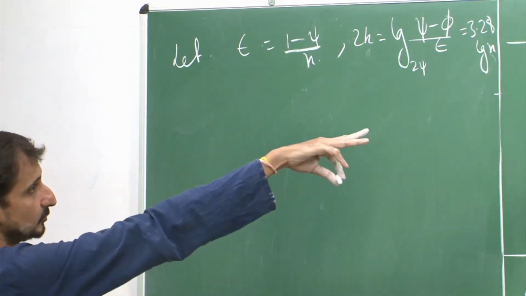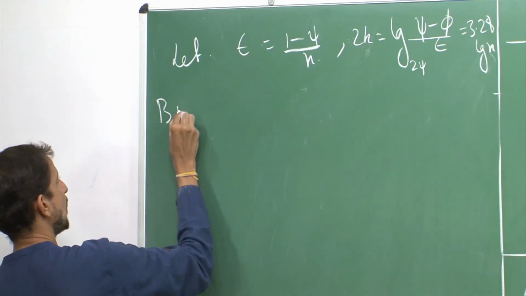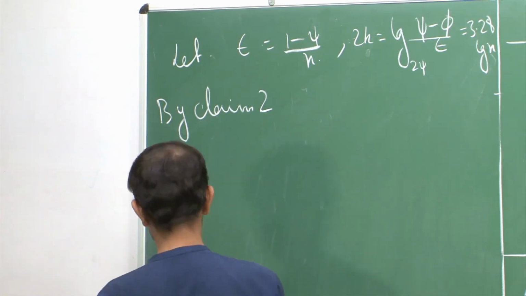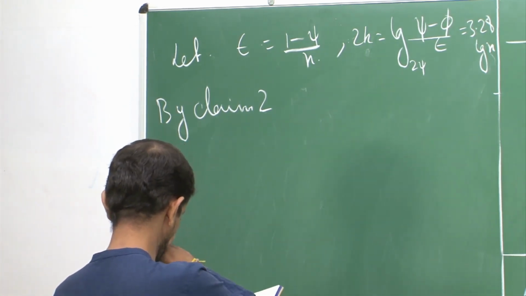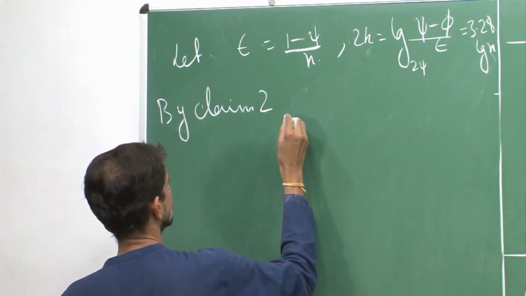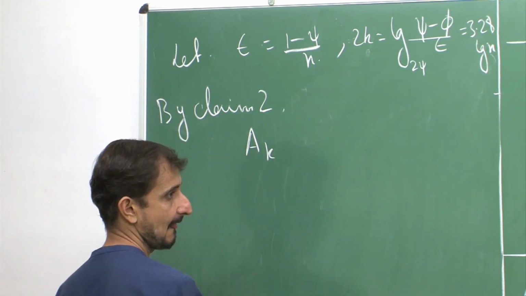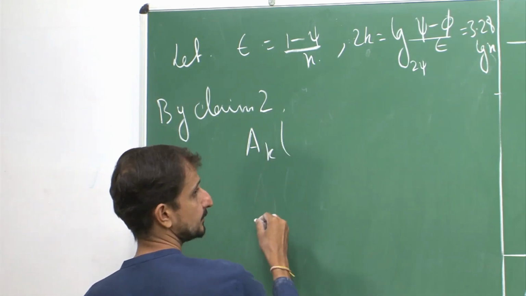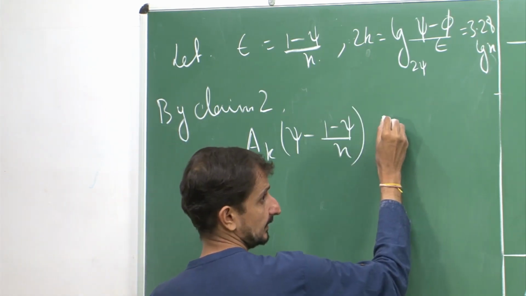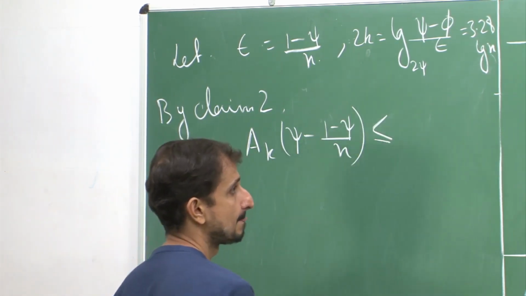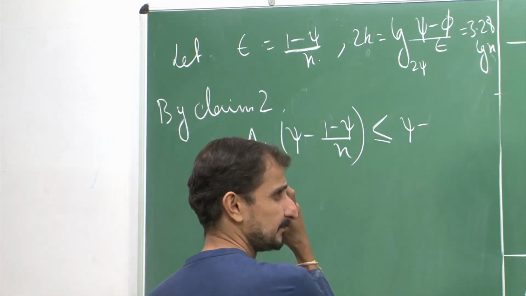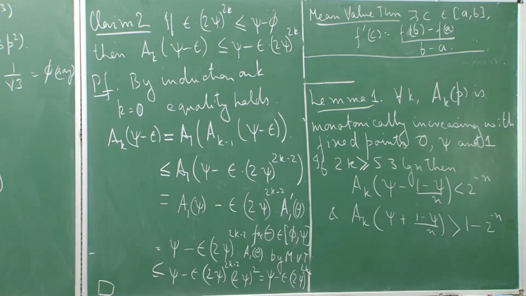Now let us just substitute these two values in the claim. What we get by substitution is that a k of psi minus epsilon, which is psi minus 1 over psi by n, is at most psi minus epsilon times 2 psi to the power 2 k.